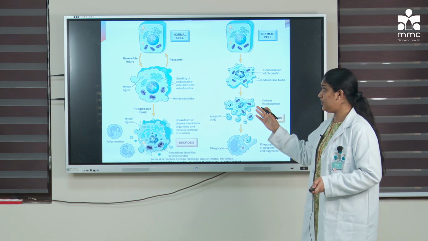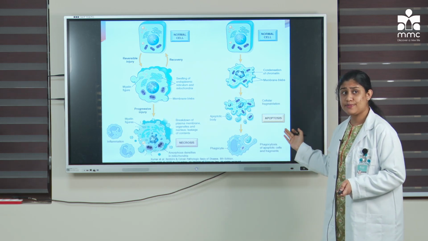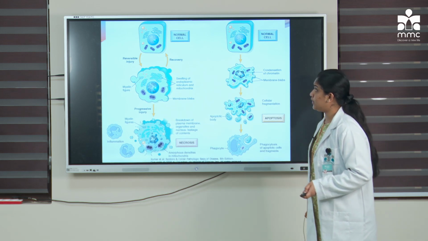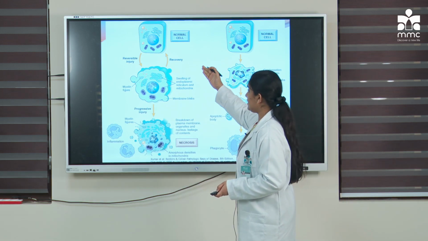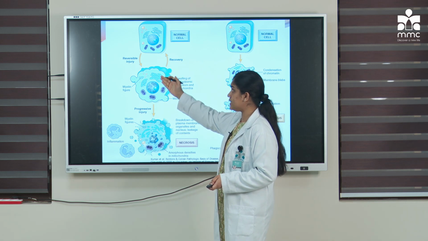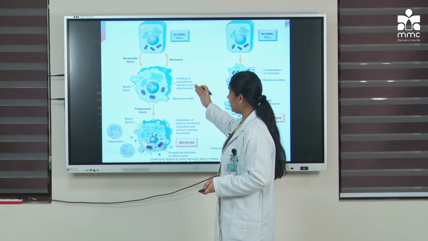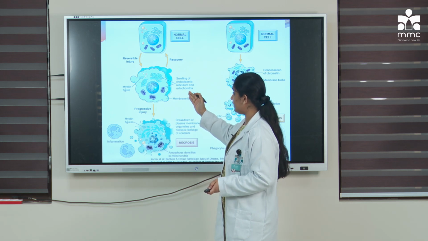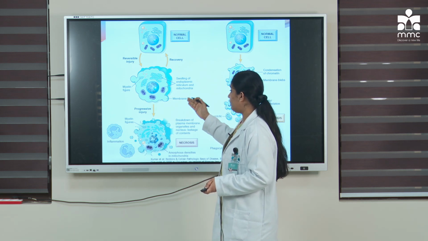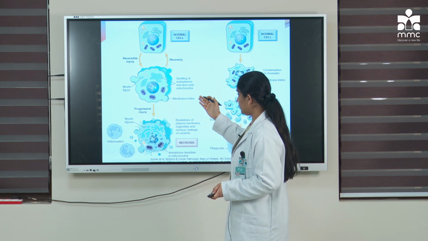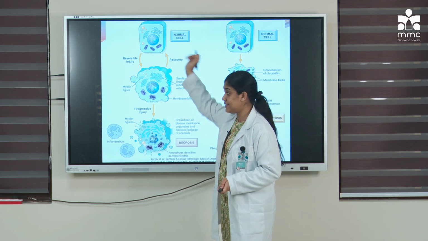Now, with a picture, let us see what the difference is between apoptosis and necrosis. So, what happens in necrosis? In a normal cell, if it undergoes reversible cell injury, it can result in cell swelling, that is the swelling of the endoplasmic reticulum and the mitochondria, membrane blebs, etc. If it recovers from this, it becomes a normal cell.